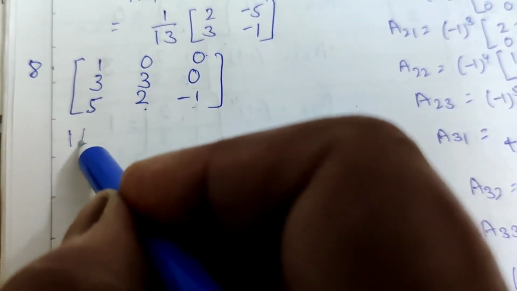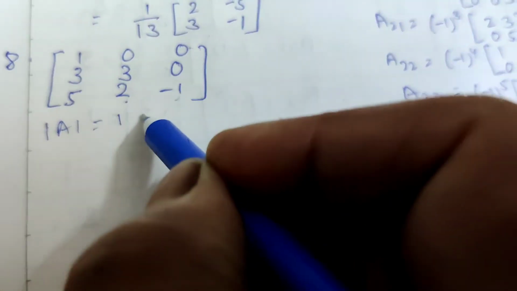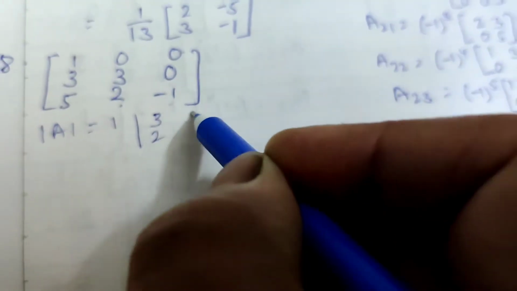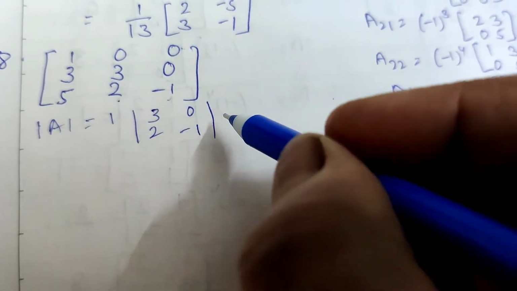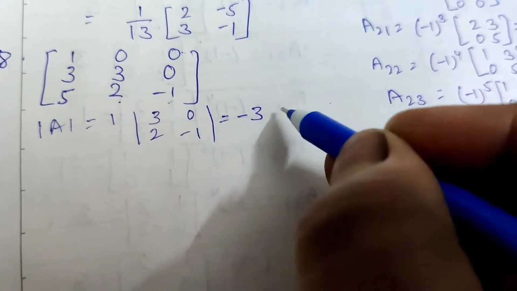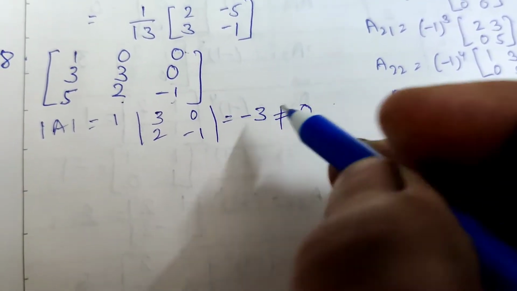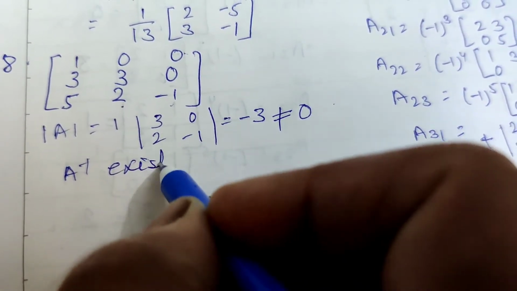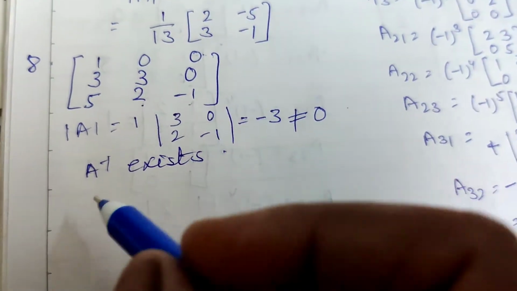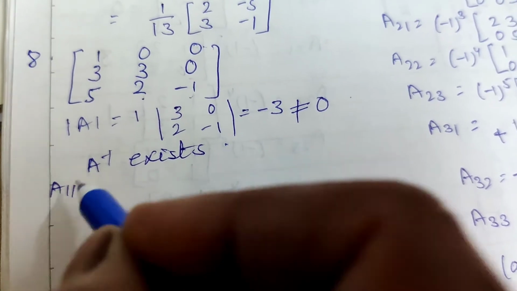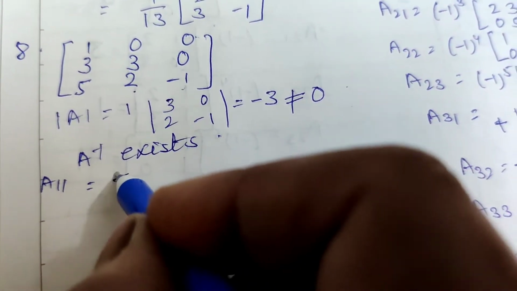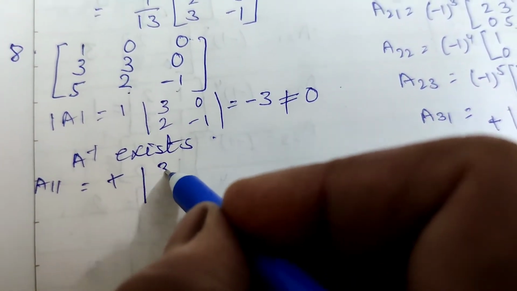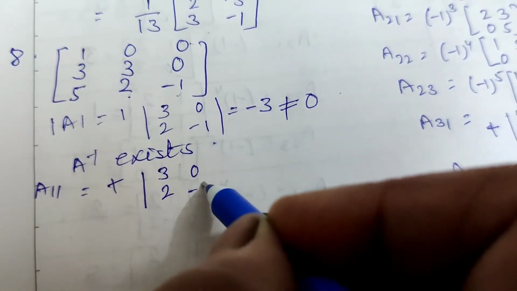The determinant value of A equals 1 into 3 2, 0 minus 1. It is minus 3, which is not equal to 0. It means A inverse exists. First part is this. Next find A11, A12 and so on. A11 means plus 3, 2, 0, minus 1.